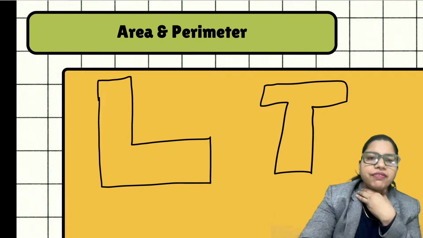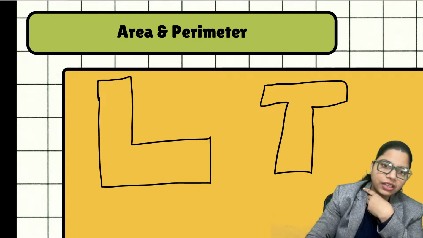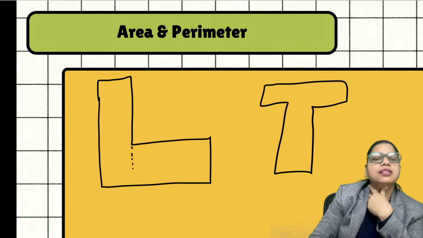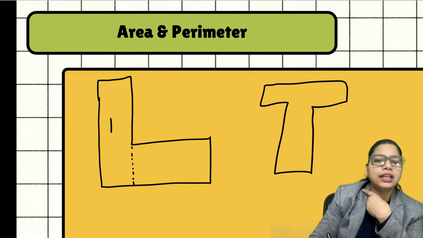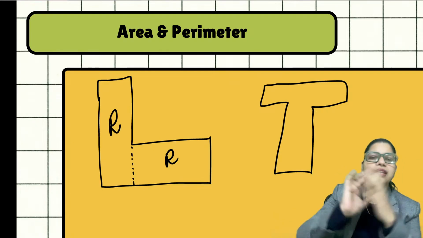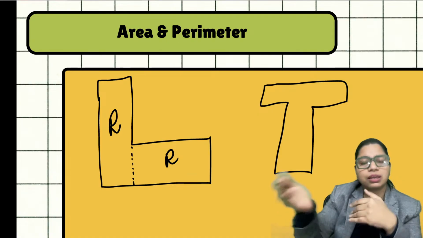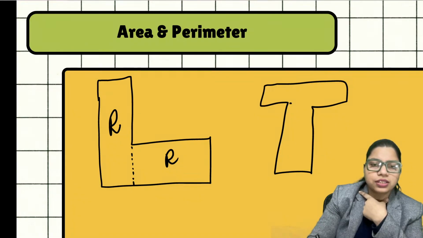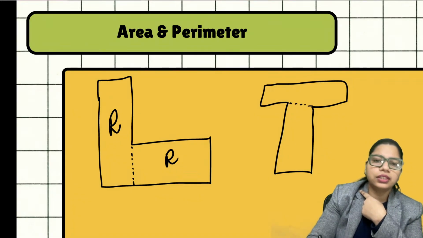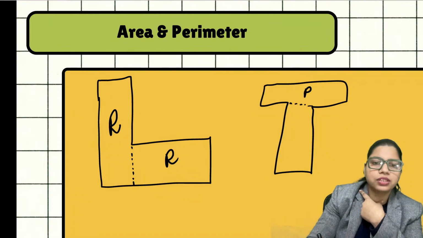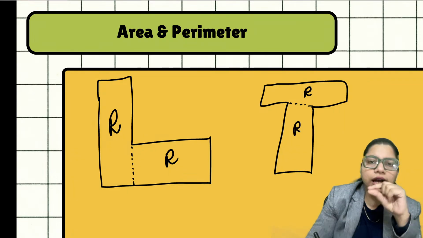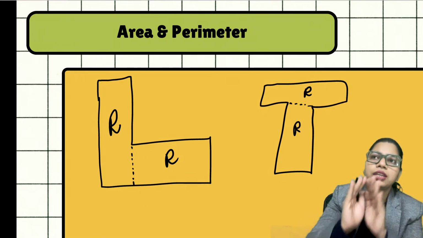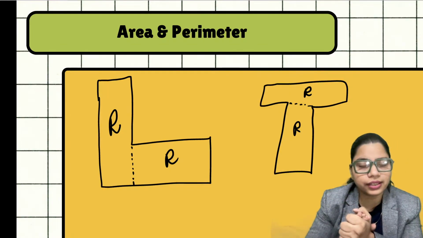Say for example, your L. If I just split it, it has a first rectangle here and a second rectangle there. Two rectangles are attached in a way that a new shape is formed, and that's called a rectilinear shape. In the same way, if we detach these two, the rectangle at the top and this one, these two rectangles are clubbed together to make a newly visible shape, and that's a rectilinear shape.